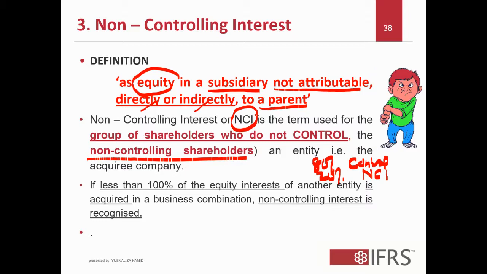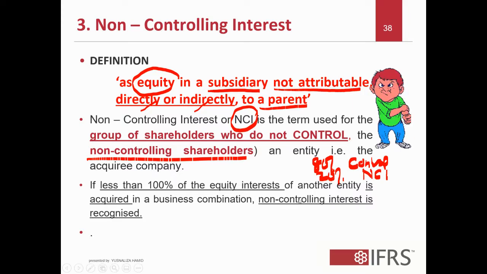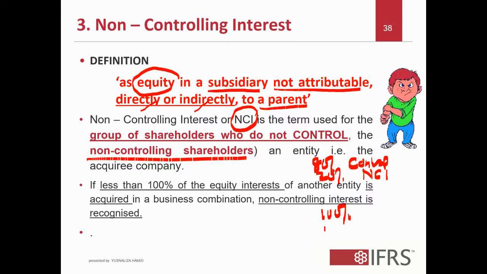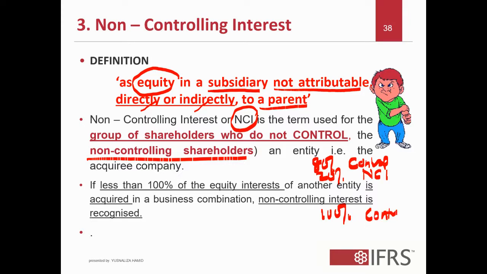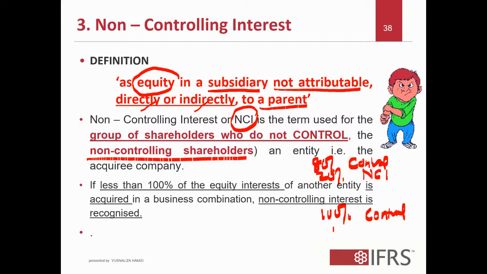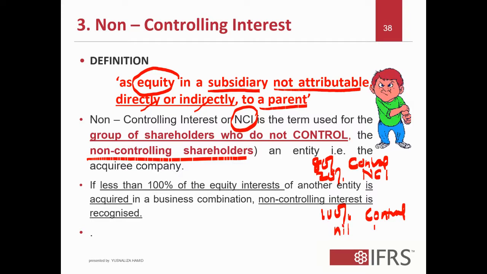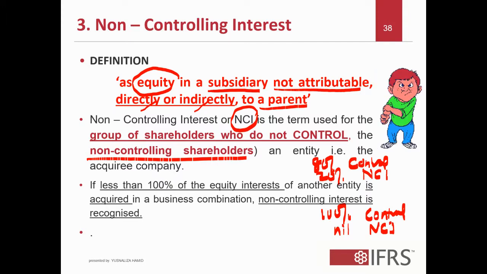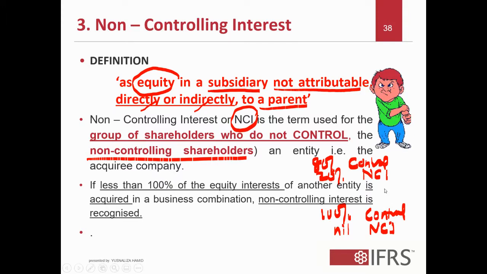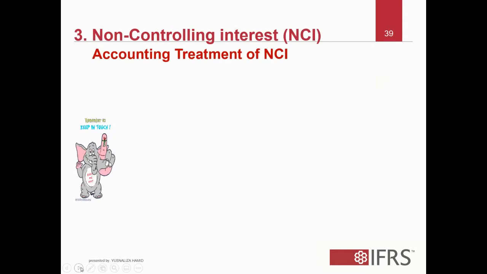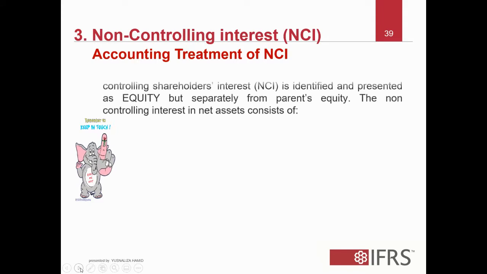However, if it is a case where 100% of the shares are acquired by the parent company, then there is no percentage related to the NCI, so the non-controlling interest is nil. So if less than 100% of the equity shares of another entity is acquired, then only non-controlling interest is recognized.